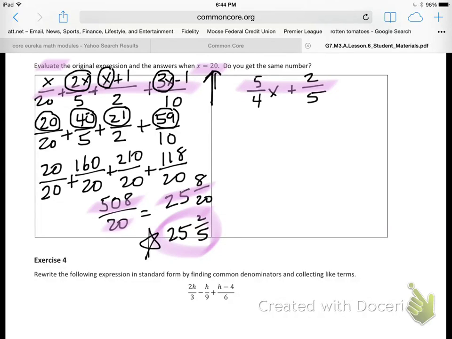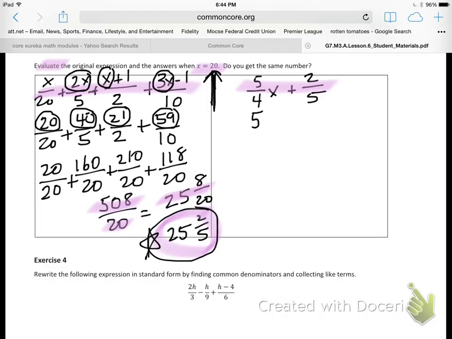That's how it evaluates. Now let's see what happens over here after we use our standard form expression that we created by combining like terms.